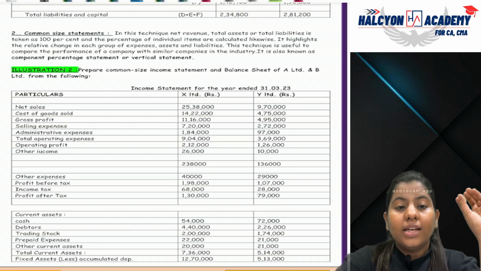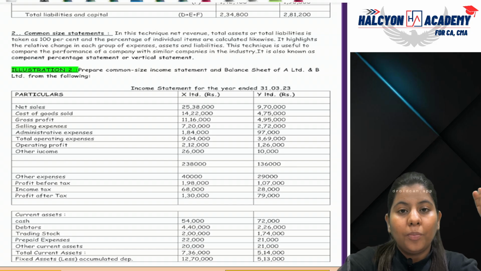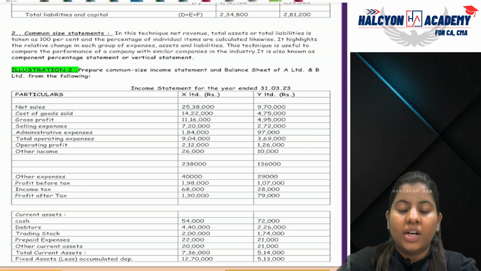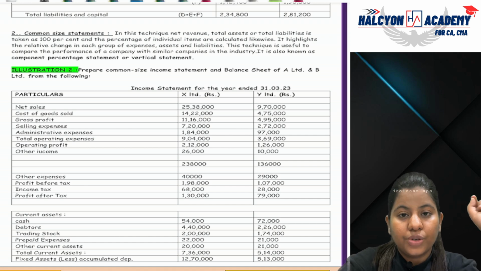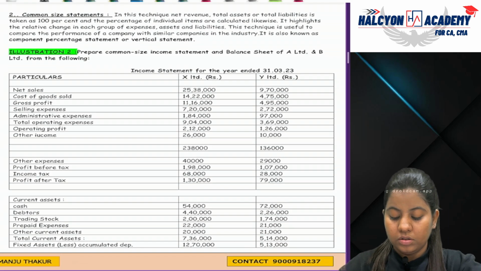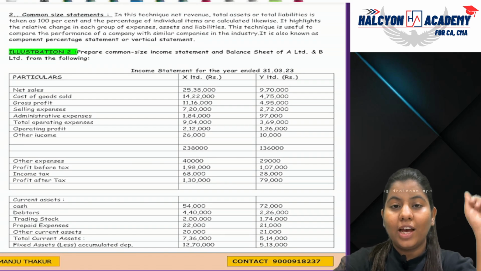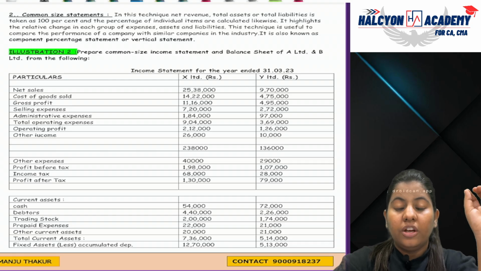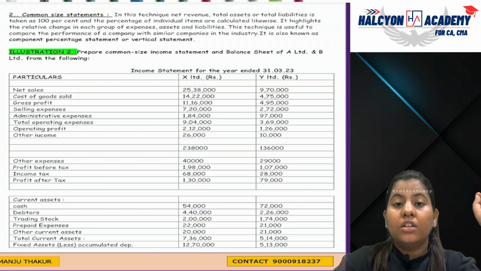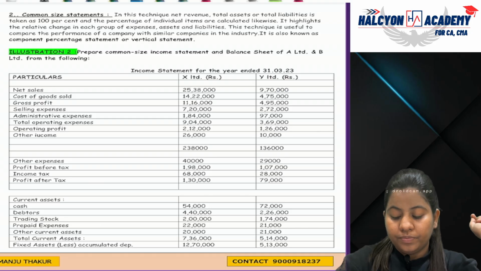So common size statement is all about comparing our own organization with some other organization in the same industry. If we are a mobile manufacturing company, we will compare ourselves with another mobile manufacturing company only.